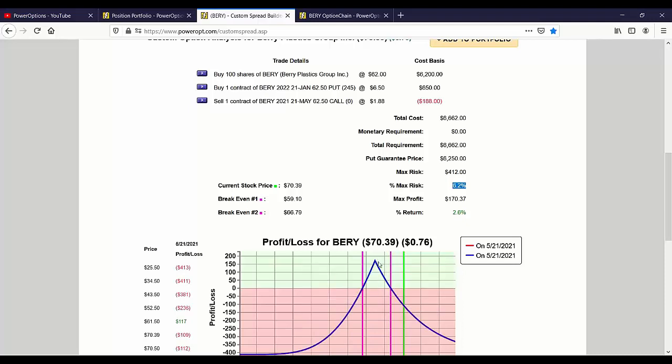We have a peak profit of 2.6% if the stock's trading right at 62.50. But as you can see now, we're actually in a loss with the income method number 1 because of the movement of the stock and because we wanted to probably go to a higher strike as well.